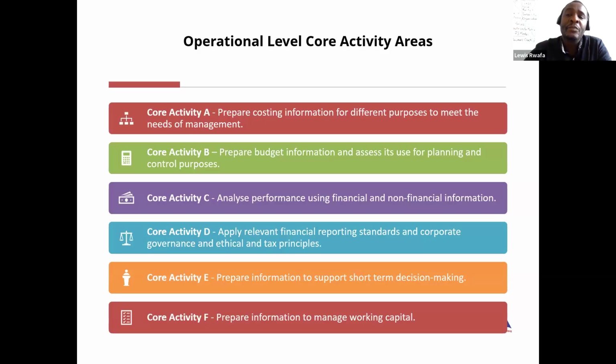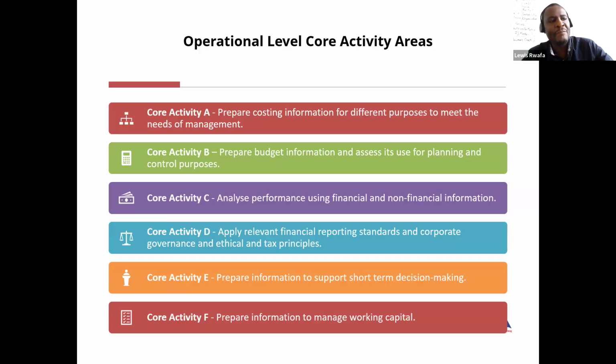Very, very important: this is a CIMA qualification. Our focus is not just on the numbers, but also on the non-financial information, bringing in aspects of key performance indicators and how they affect the business. Core activity D looks at the application of relevant financial reporting standards. So I expect you to know a few standards there.